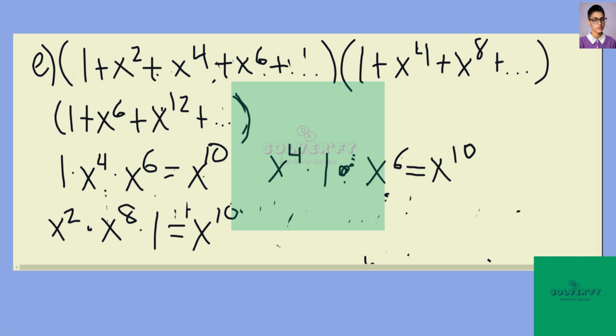So we have to choose 1 in this case. And if we choose x to the 6th for our first factor, then our second factor, if it's 1, we can't get x to the 10th. If it's x to the 4th, then we already have x to the 10th. And then we choose 1 for the last factor.